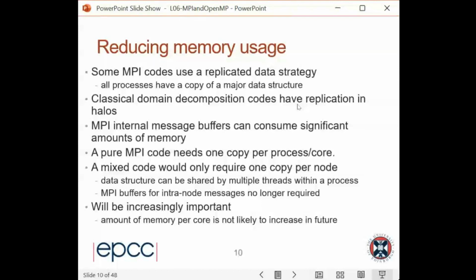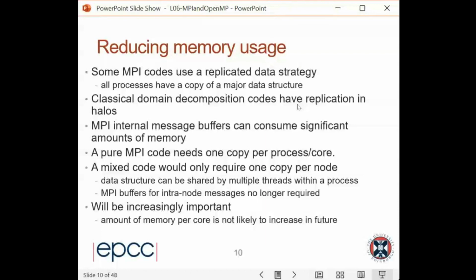But you might have very, very large data structures which you've pre-computed, which are static. It seems crazy on ARCHER2 that if you run 128 MPI processes, you have 128 copies of that data structure, which never changes. That seems a bit bonkers.